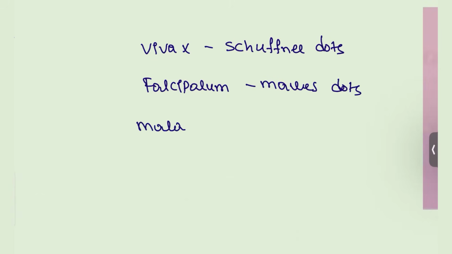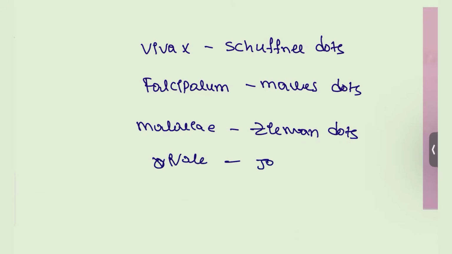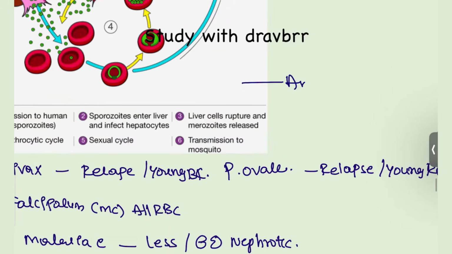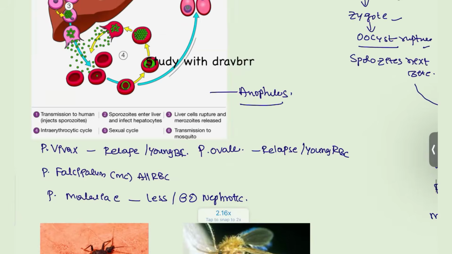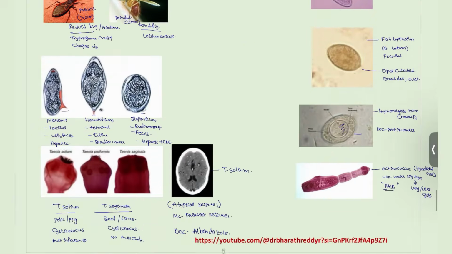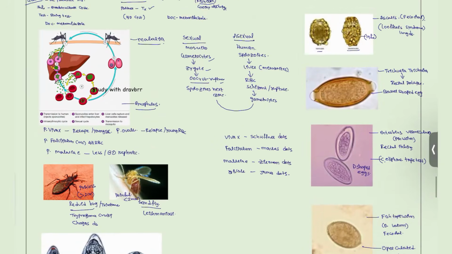Malariae is going to show Ziemann's dots, and sorry, again, this is ovale. Ovale is going to show James dots. Okay, and what is the causative agent for this one, guys? Anopheles mosquito. So the remaining important points of malaria and malaria treatment are discussed in pharmacology. Malaria remaining points will be discussed in PSM.